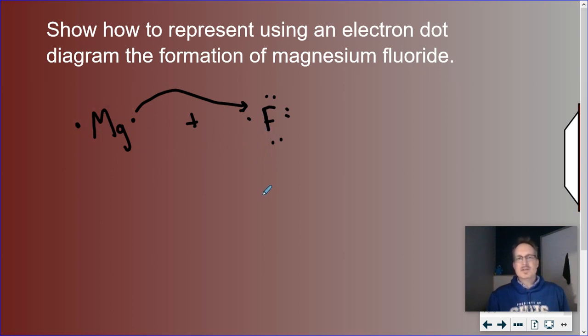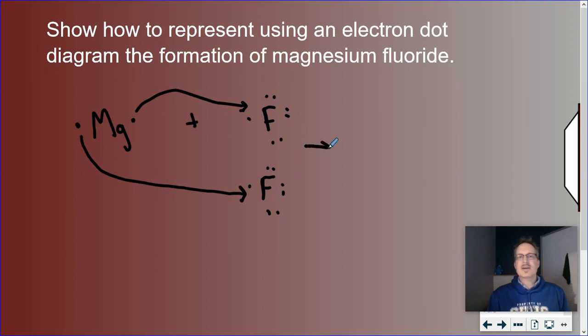So magnesium goes, well, I know there's another fluorine floating around. So there he is. Magnesium is going to donate its other electron all the way over to fluorine. Now magnesium is happy because it's lost 2 electrons. Fluorine is happy because they each gained 1 electron.